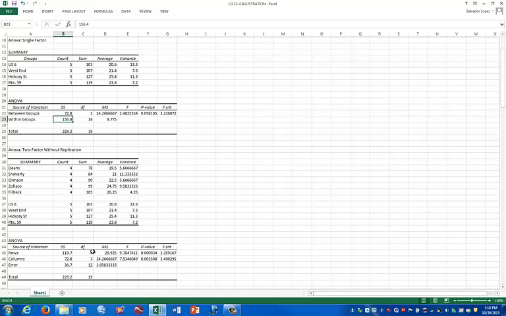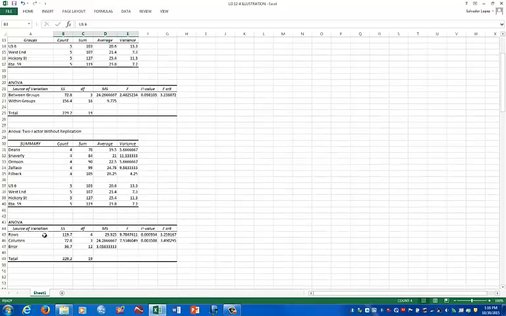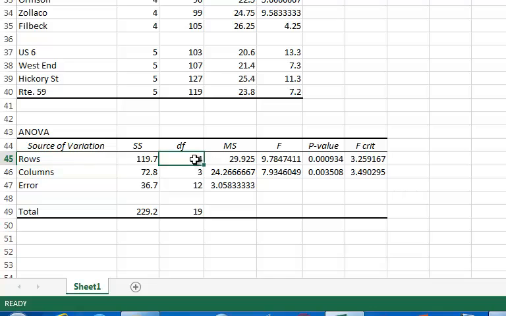Now, for the rows, if you see here above, we have 5 drivers and we have 4 routes. So the rows are the drivers. The degrees of freedom is number of drivers minus 1, or in your book is shown as b minus 1. The drivers in this case is called the block variable.